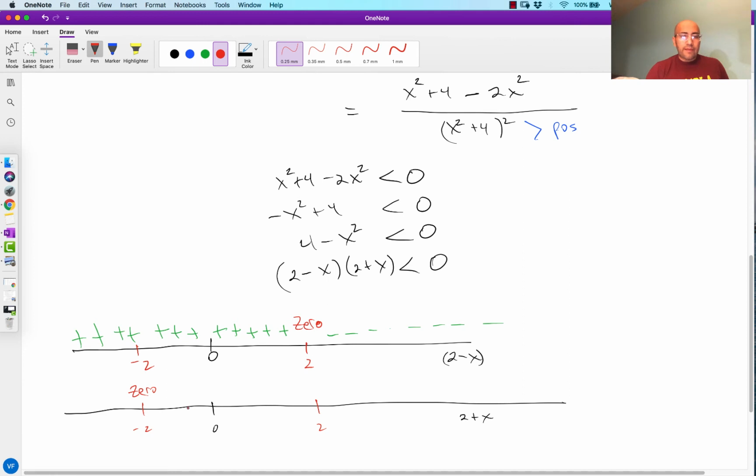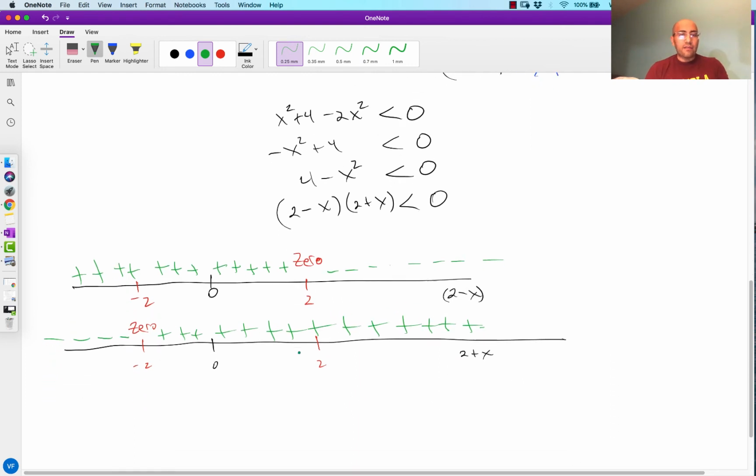And if we plug in any numbers to the right of that, we're going to get a positive number. So putting in a 0, putting in a 2, any of those values, we end up with a plus. And then any number to the left of that will be a negative.